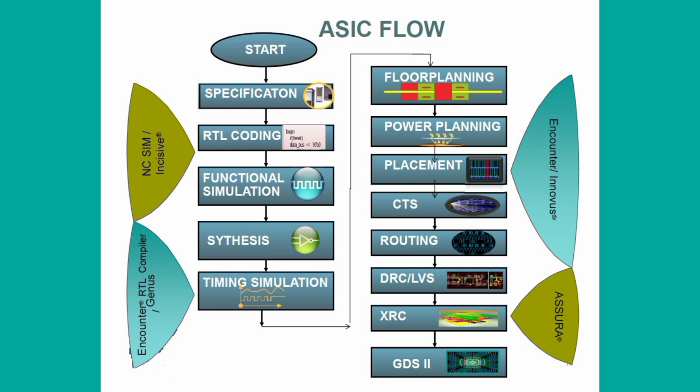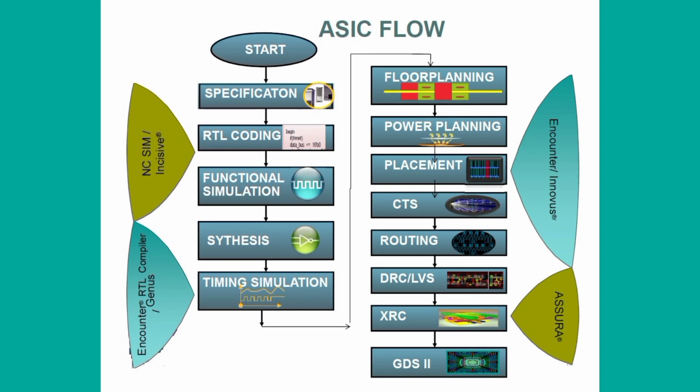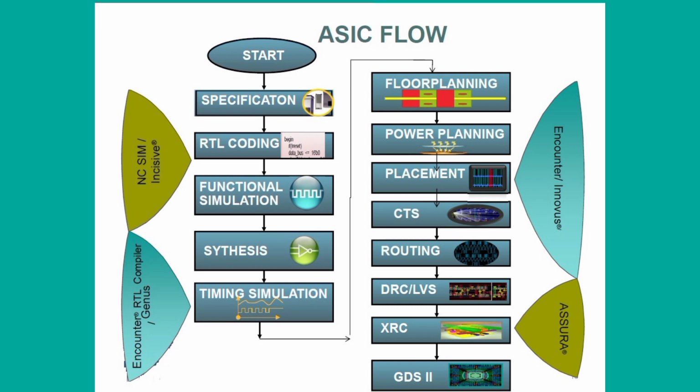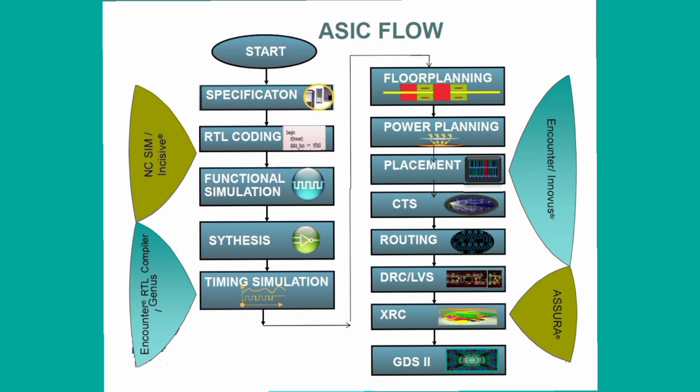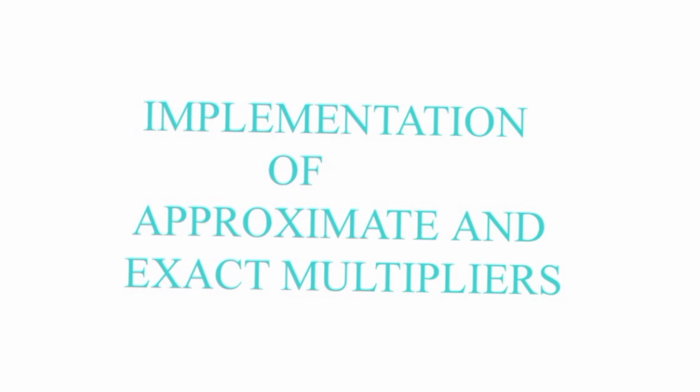Then we go for the backend design: floor planning, power planning, placement, CTS, routing, and next we check the design rules, DRC versus LVS, layout versus schematic. We extract the RC and generate the GDS file that is sent to the foundry for the final chip fabrication. The main objective is to design the exact multiplier and fabricate it from the generated GDS file.